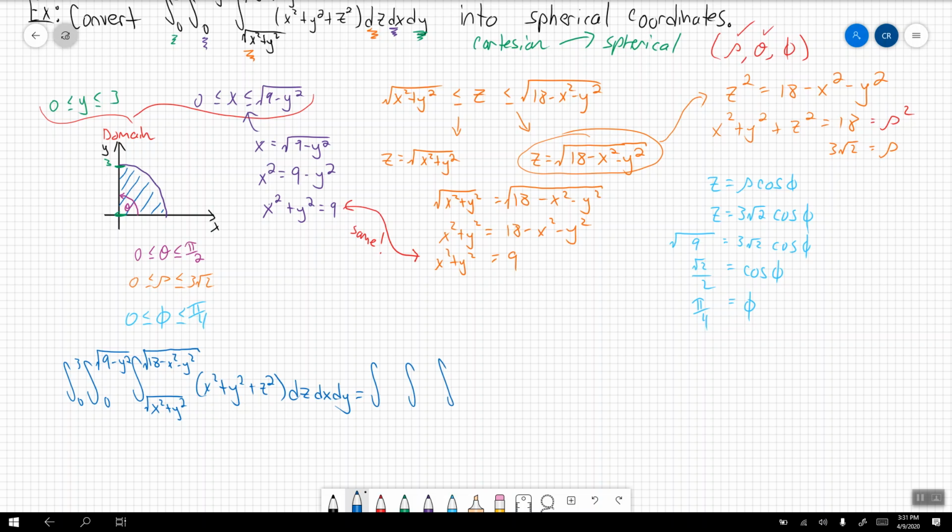Now, the integrand x squared plus y squared plus z squared, would you all agree that that's just rho squared according to our process that we've learned?